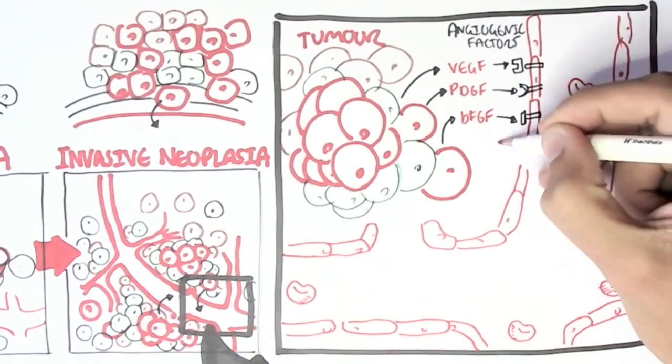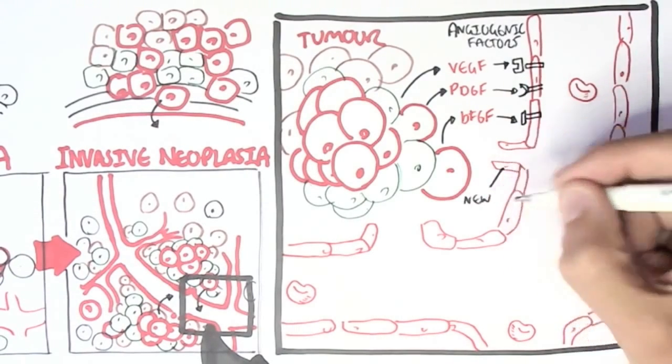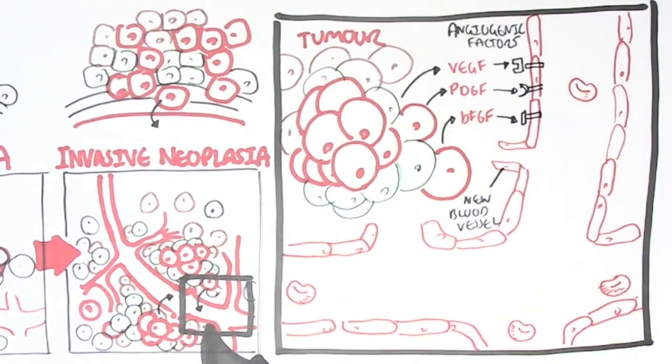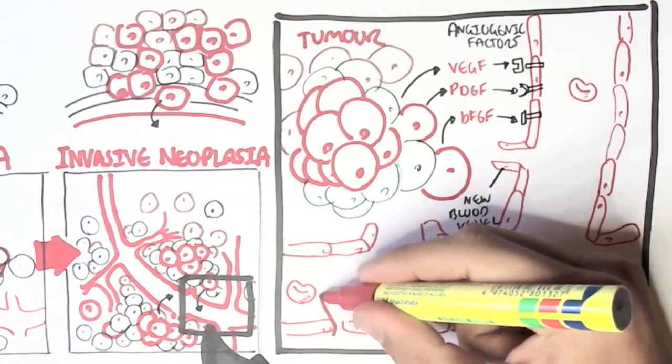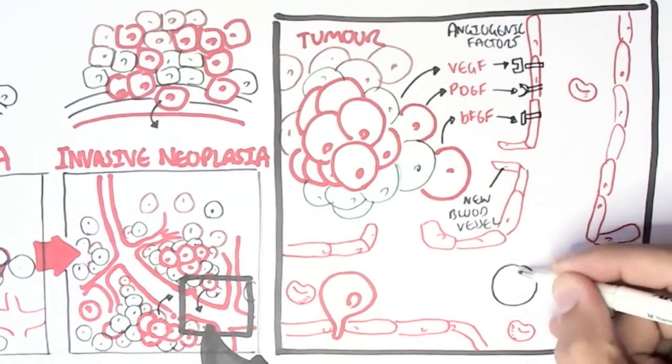And they bind onto these receptors, and they will essentially cause new blood vessels to be formed. And so this will allow the cancer cells within the tumor to enter the bloodstream more easily through pressure or through other means, such as secreting some form of chemicals.